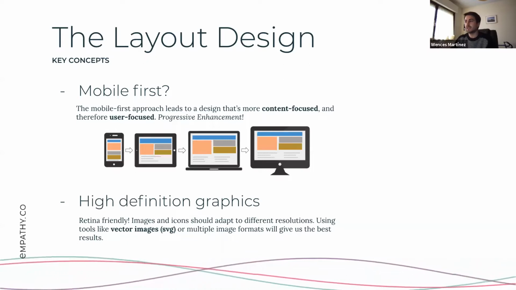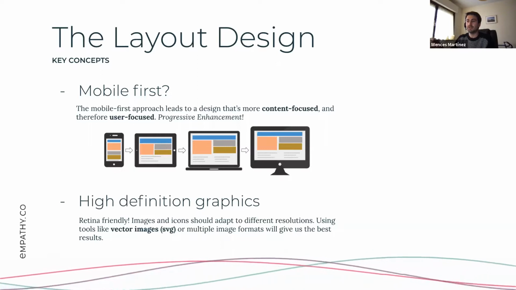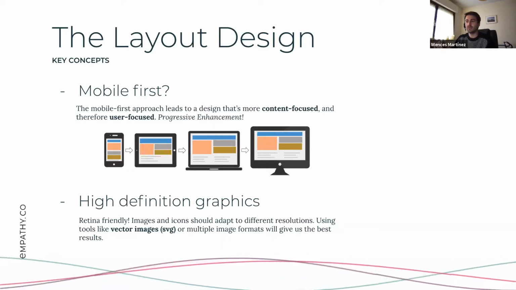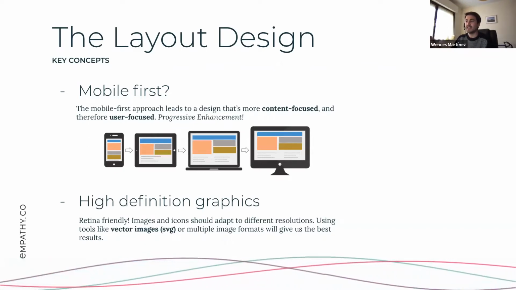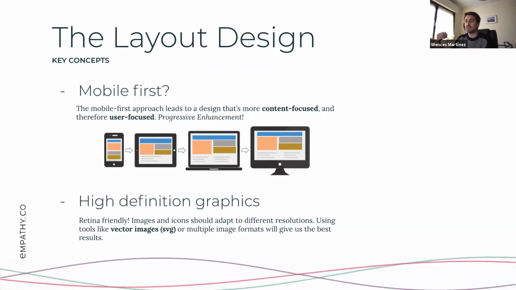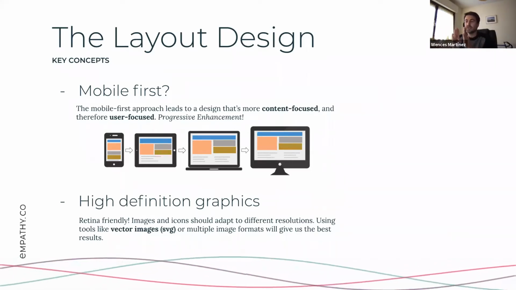But there is an approach which is to think more about the core content of our application. If we follow the progressive enhancement promise, we're going to think of our application from a very tiny screen.